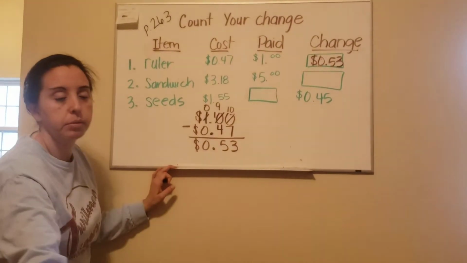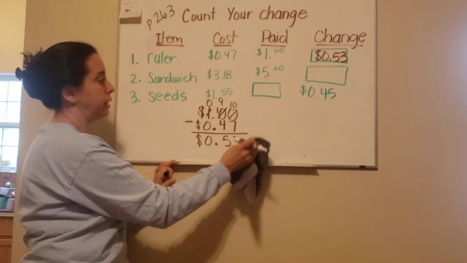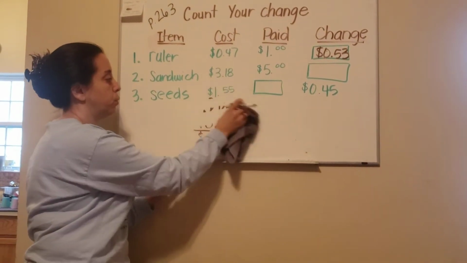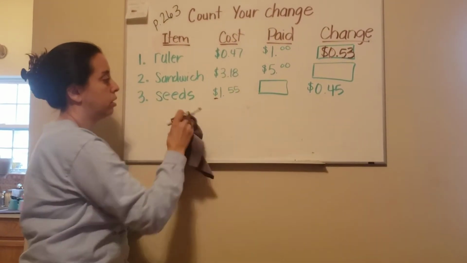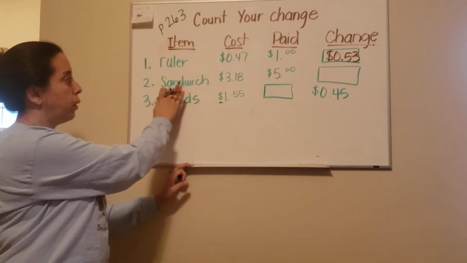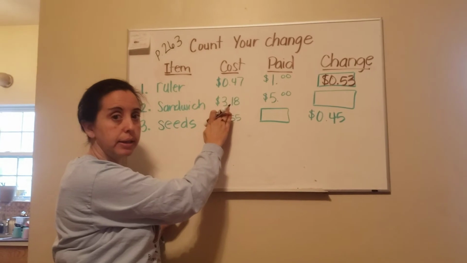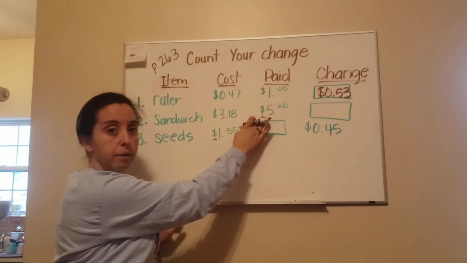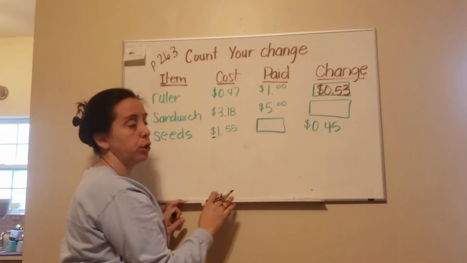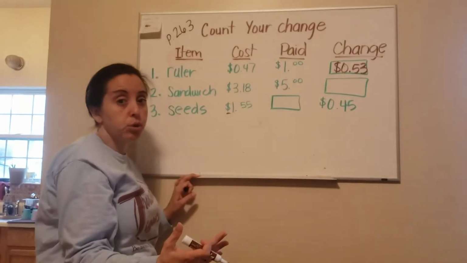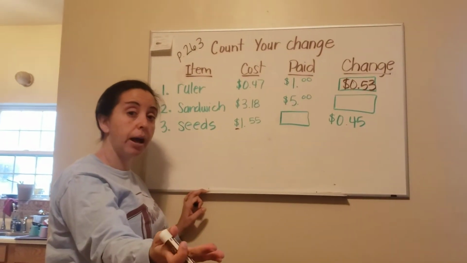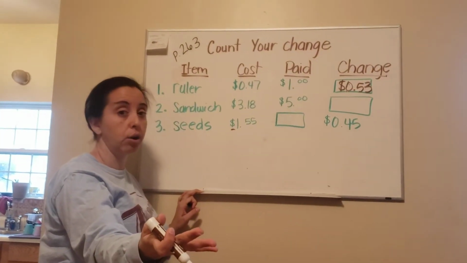You're going to do the same thing for the next one. I'm going to erase this. Make sure you always show your work. So you are going to get a sandwich. The sandwich costs $3.18. You paid $5. How much change are you going to get back? You're going to subtract again because you're giving them $5, but the sandwich did not cost $5.